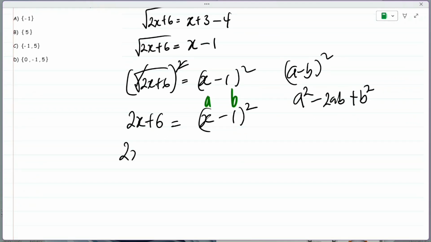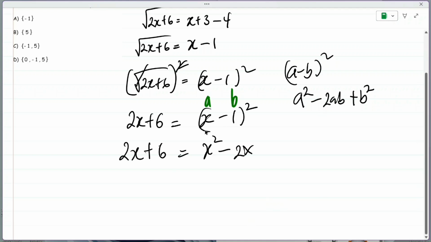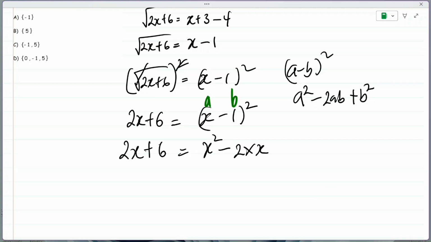You have 2x plus 6 equals, x is a, so you have x squared minus 2, this 2 is a constant, times a times b. Your a is x, so times x times, your b is 1 times 1, then plus b square, so it's 1 square.